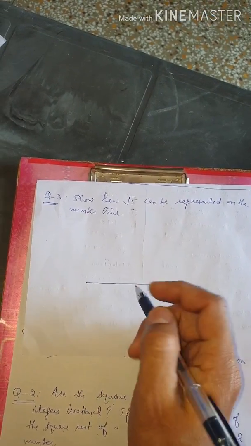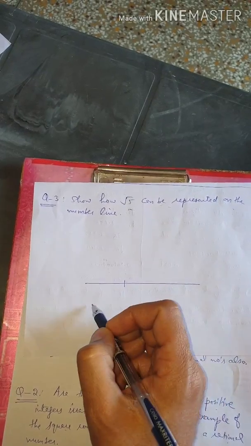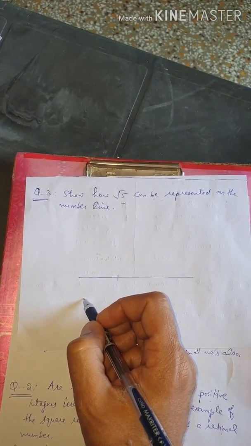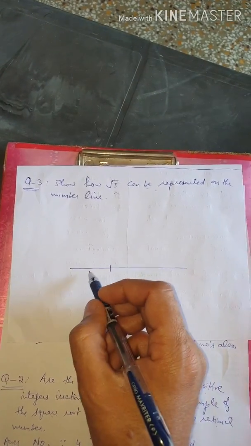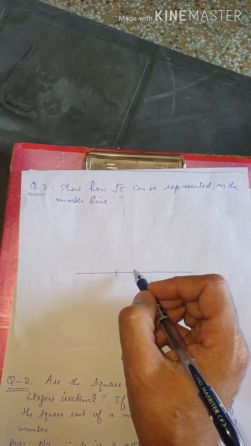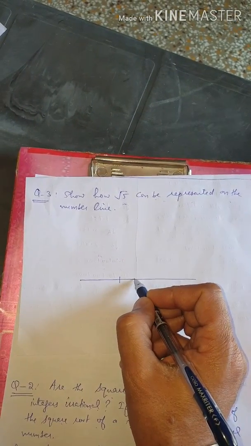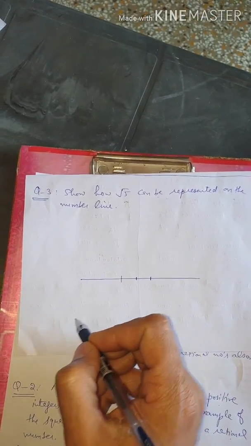But see, I am just marking one simple rough diagram for you. You try to draw it with the compass. That would be very easy for you then. So very first thing, draw a straight line with the help of a scale. Then it is your selection what you want to use.